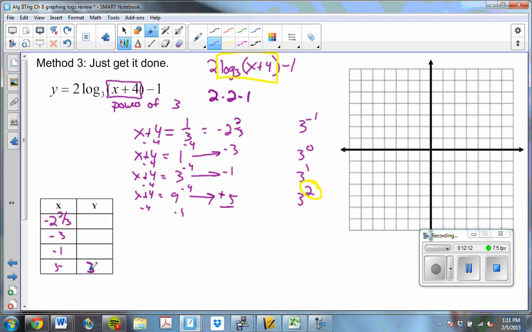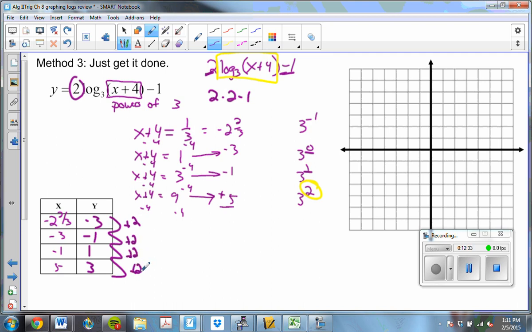And this will become 2 times 1, which is 2, minus 1, which is 1. And this will become 2 times 0, which is 0, minus 1, which is -1. And this would be a -3, because these y values should always follow the pattern of whatever this a value is. This a value is 2, and these all go up 2.